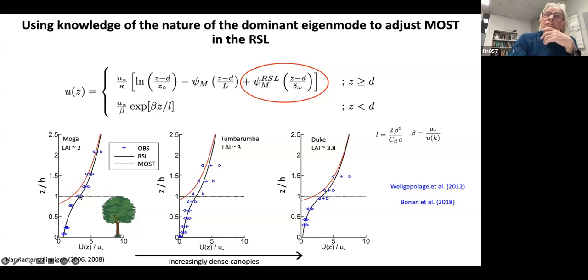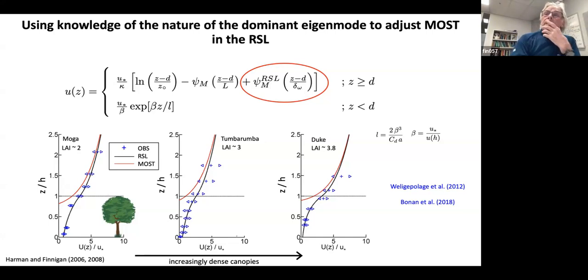So what we did then was to say, okay, we have a parameter, the vorticity thickness. Remember, it's the velocity at the top of the canopy divided by the velocity gradient at the top of the canopy. We've got an extra parameter now to redo that dimensionless analysis that led to the Monin-Obukhov theory.